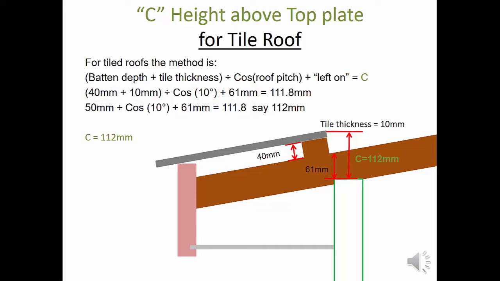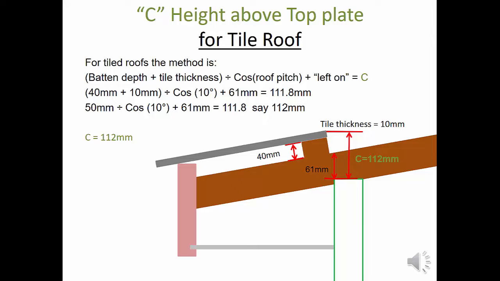So the formula is bracket, batten depth plus tile thickness, close bracket, divided by cos roof pitch, which will be 10 degrees, plus rafter left on dimension.